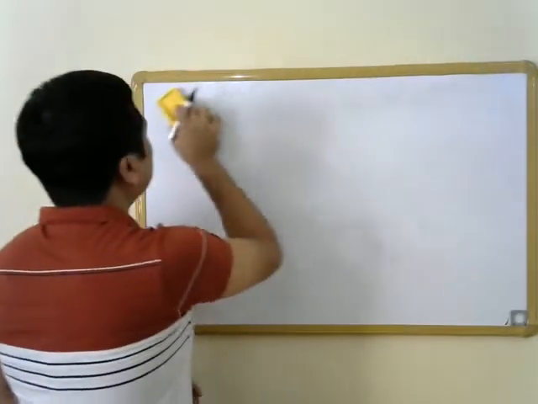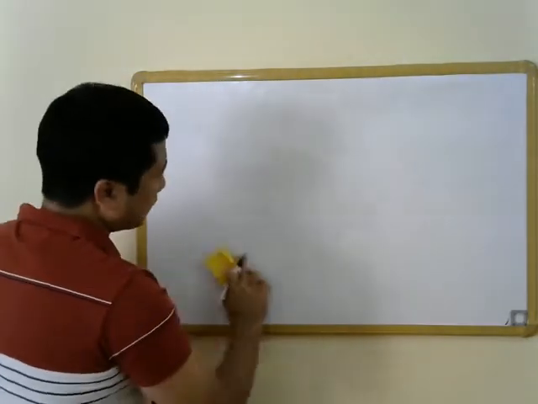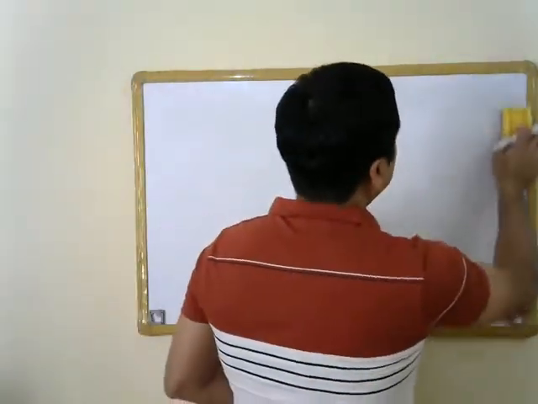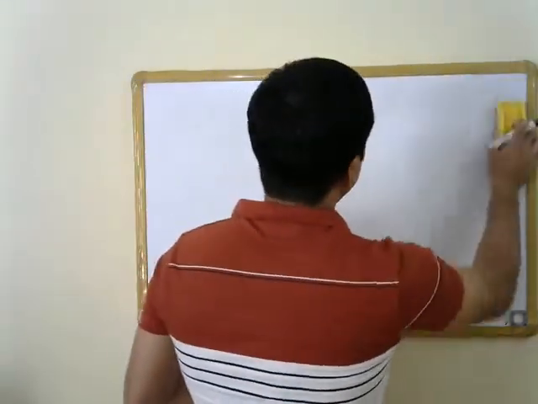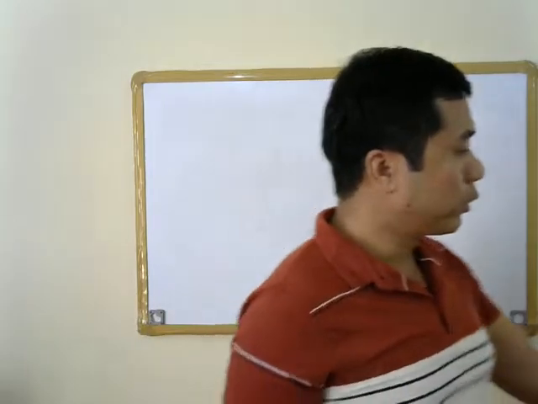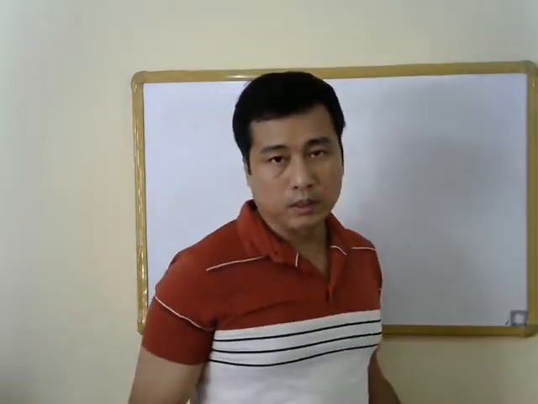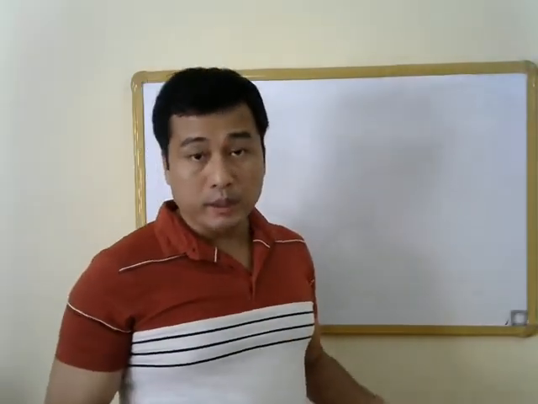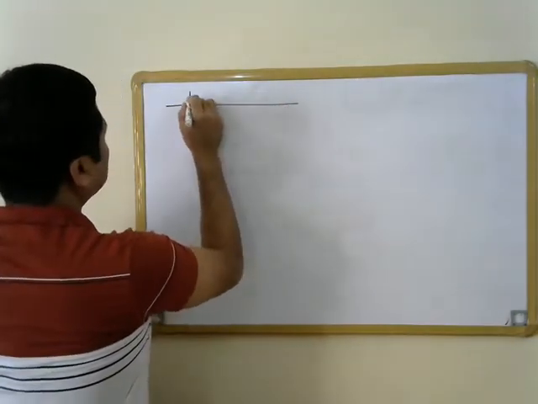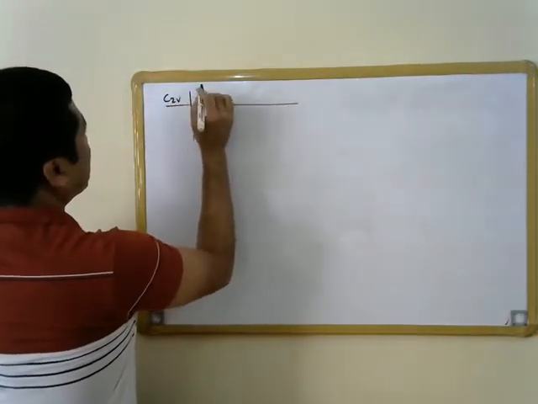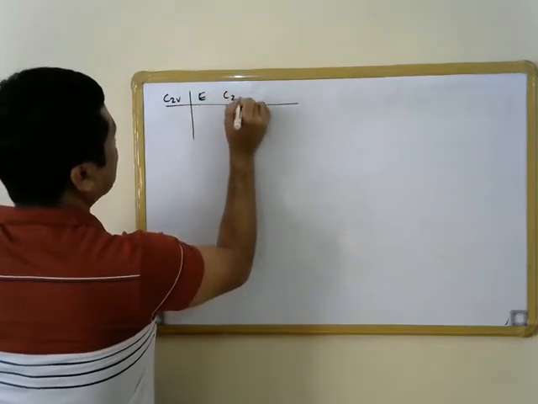So let us do an exercise to illustrate this. We can find out whether an electronic transition in, say, the C2v point group is symmetry allowed or symmetry forbidden. Once again, let us write the character table of the C2v point group.